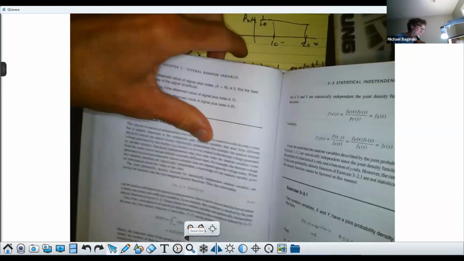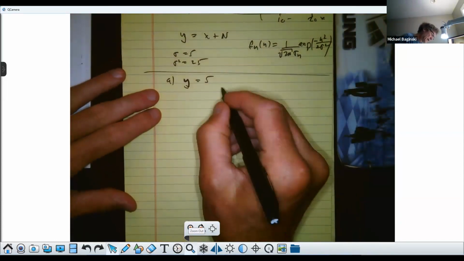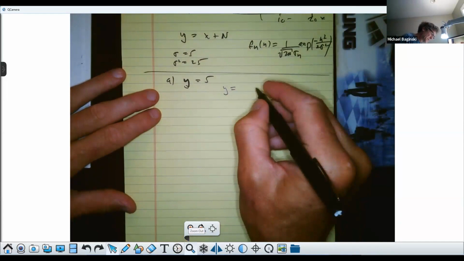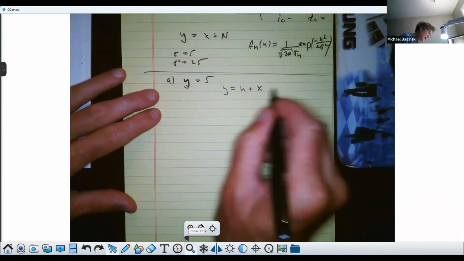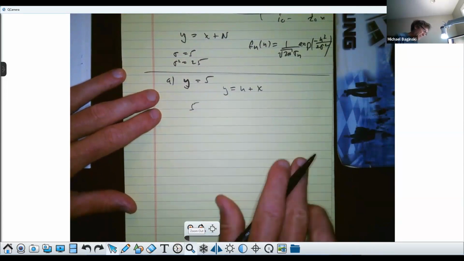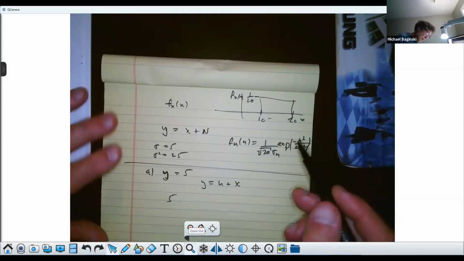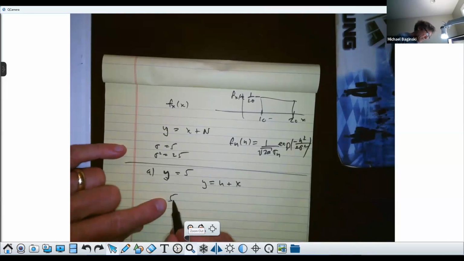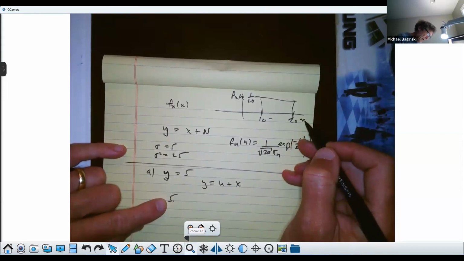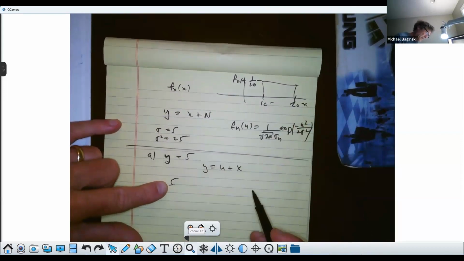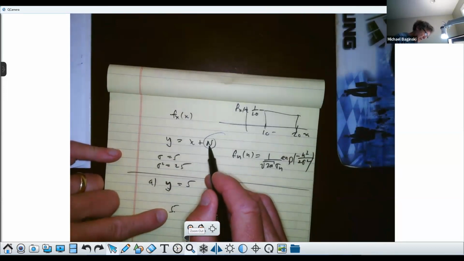All right, now here's the beauty about this. If I look at this, I've got y equal to noise plus signal x. I see y at 5. Now look up here for a second. I've observed y at 5, and I want the most probable value of x. Let me try to explain this. I know that the noise here is Gaussian, right?